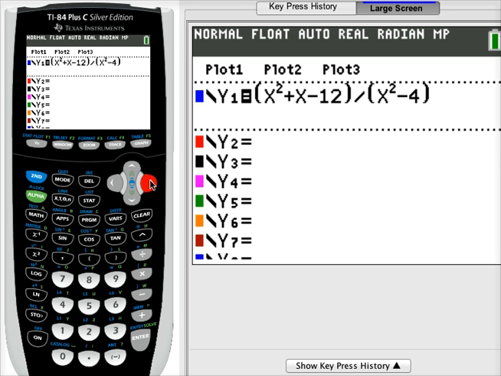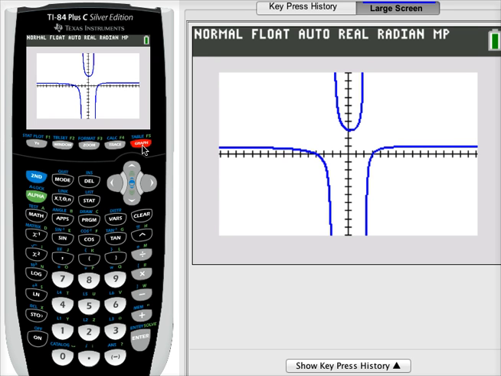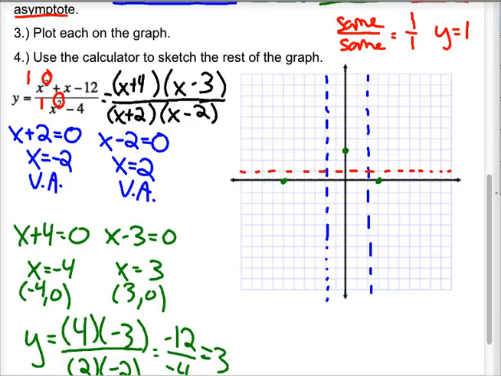Now let's take a look at what this looks like. So there's our general shape. Now all of our points and all of our asymptotes lead to this graph. But what I'm allowing you to do is use this calculator. So you can now go back and say, hey, I know where this is.